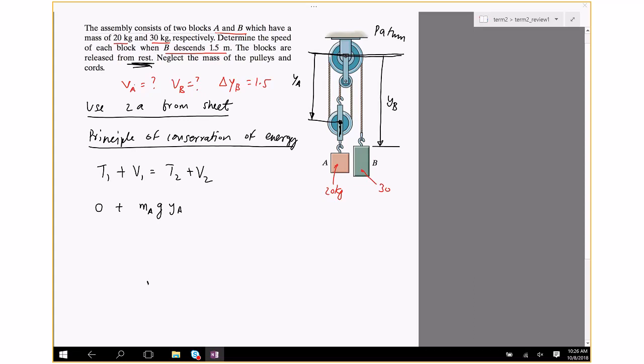Okay, and what's the sign on that? Is it positive? It's negative, right? When you're below the datum, negative potential; above the datum, positive. And similarly, it's going to be m_B g y_B.